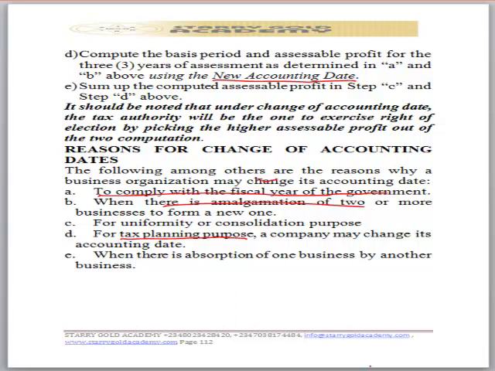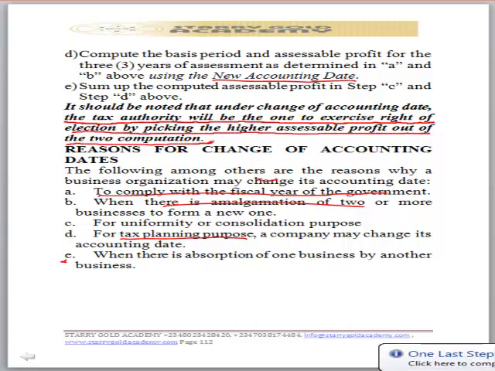Whichever is higher is the tax authority's choice, because the tax authority will be the one to exercise the right of election by picking the higher accessible profit out of the 2 computations. So by the time you do this, you are done, you get all your marks.